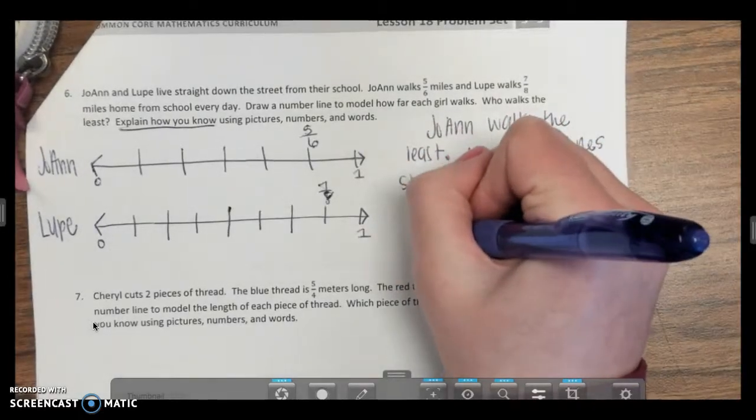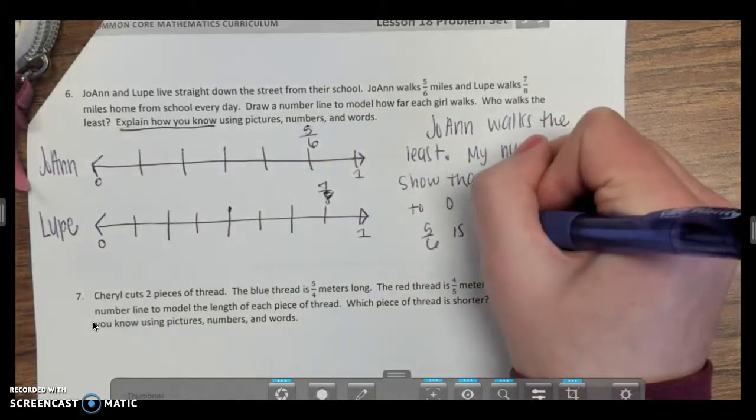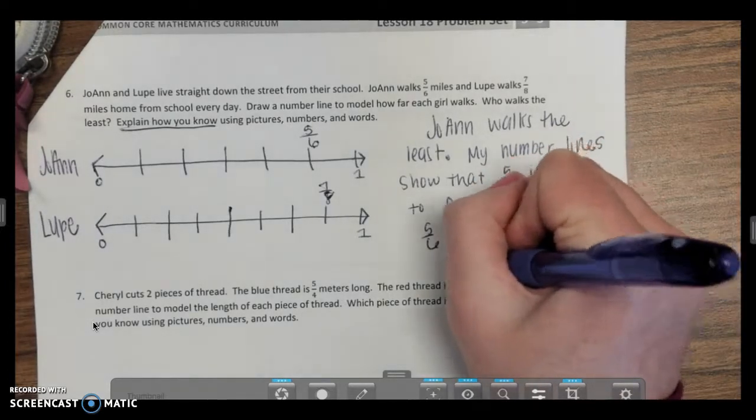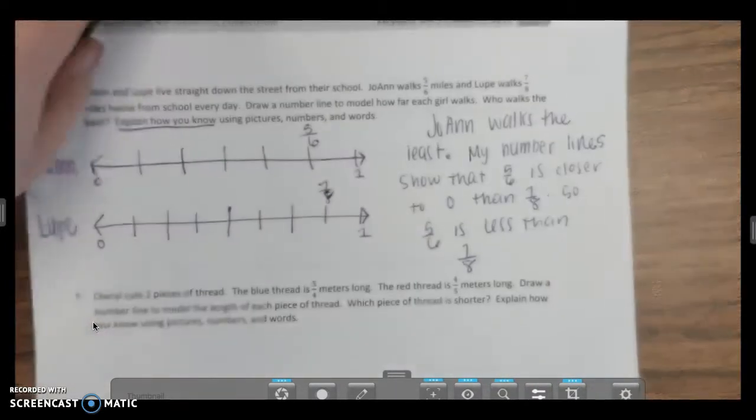So 5/6 is less than 7/8. Alright, move on to number 7.